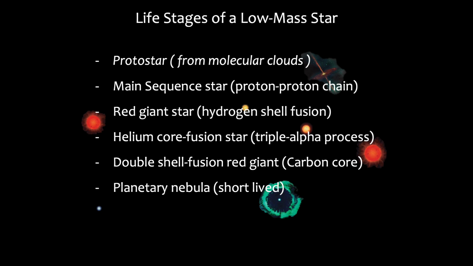Then, because the carbon core cannot fuse anymore in a one solar mass star like our sun, it will go through a series of heating and thermal pulses, but with no more energy generation to sustain against gravity. All the activity results in the ejection of the outer layers into a planetary nebula, leaving behind a white hot carbon core called a white dwarf, which is very hot and will live very long.